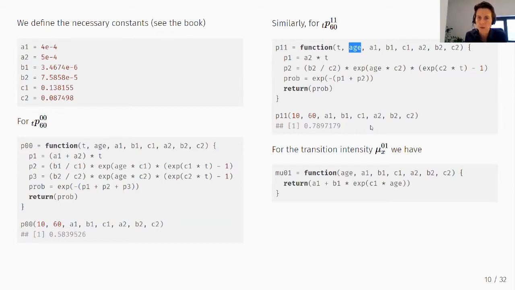So again, this should match the answer that you find in the book. My final function, which I need, my third building block, is a transition intensity to go from 0 to 1 at a specific age, right? So that's just the given functional form for this transition intensity.